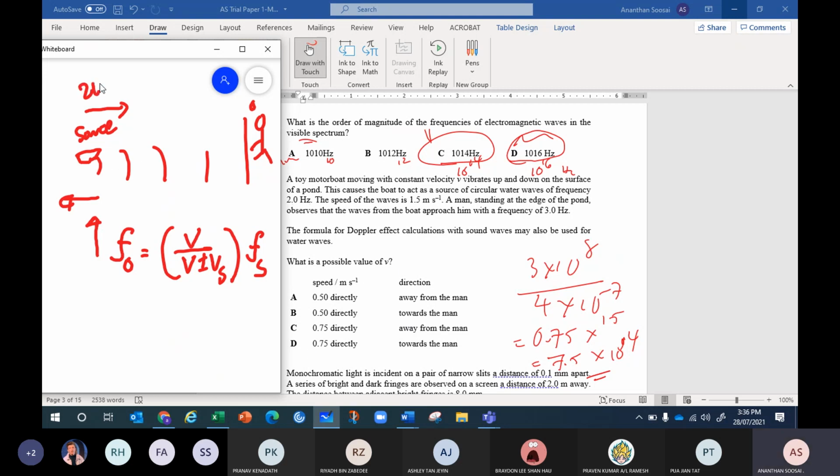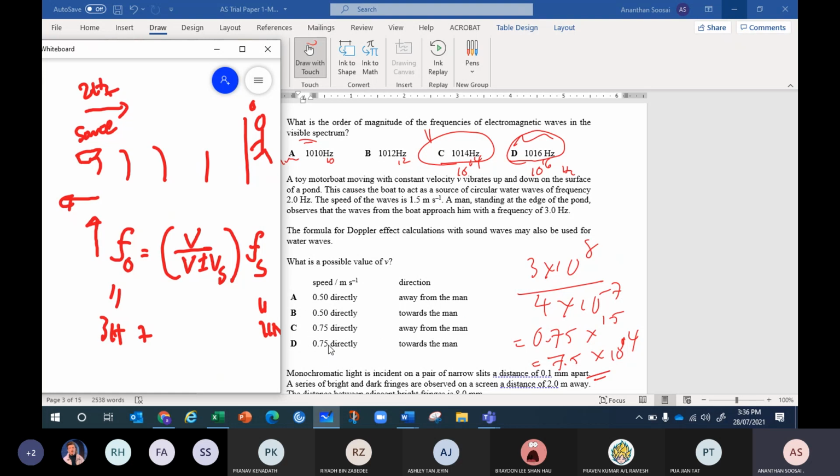The source produced 2 hertz, but the person senses 3 hertz, so the observed frequency is 3 hertz. So the source is actually approaching the observer. Only when approaching will the frequency rise, right? When an ambulance approaches you, you get a higher frequency. So the boat is definitely approaching the man, so the answer is towards the man, B or D.